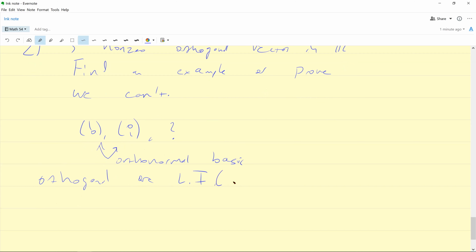Excluding the 0 vector, because 0 is orthogonal to everything but linearly dependent with everything. That's just an edge case. But if we have linearly independent vectors in R2, we can only find sets of at most 2 linearly independent vectors.